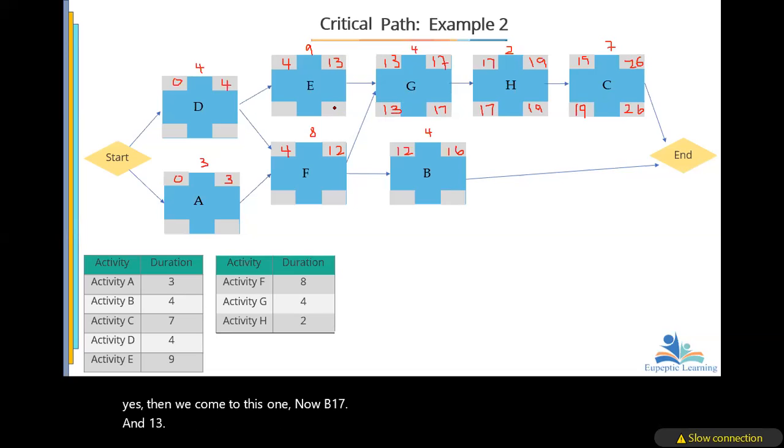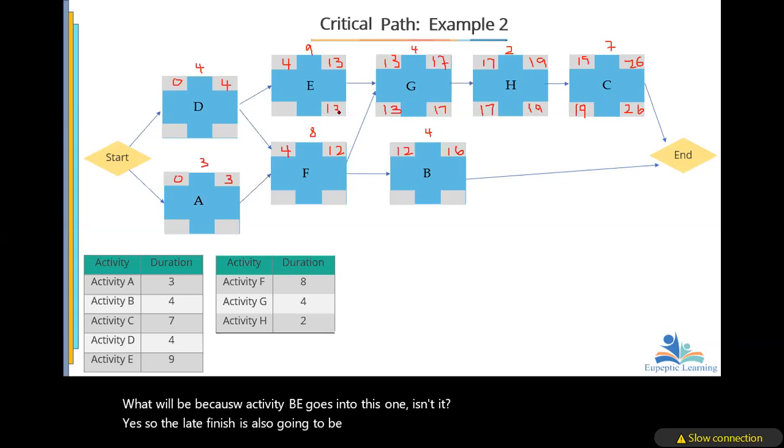Now let's look at this one. From here, activity E, because activity B and E go into this one, is that not it? Yes, so the late finish is also going to be 13.